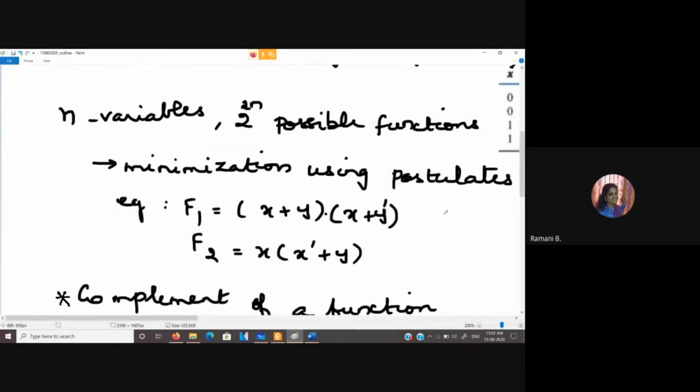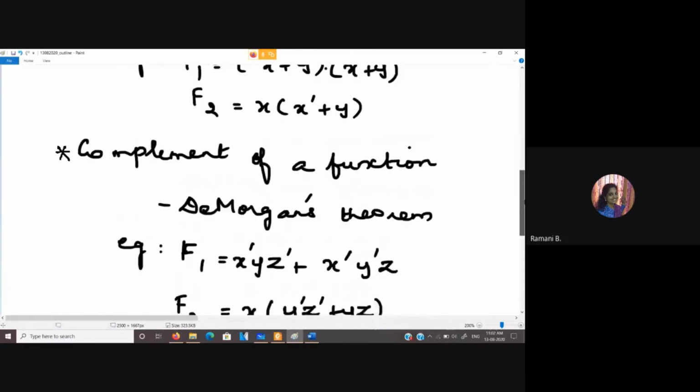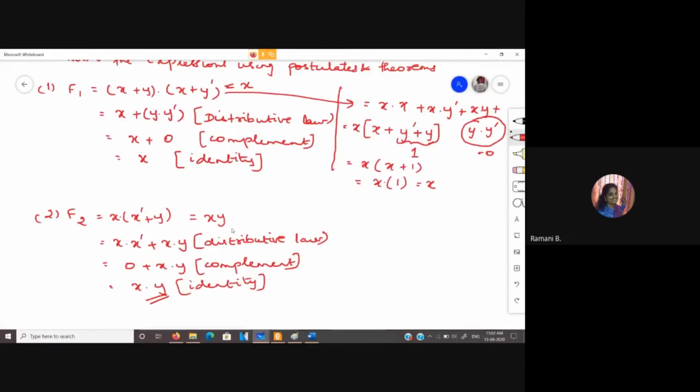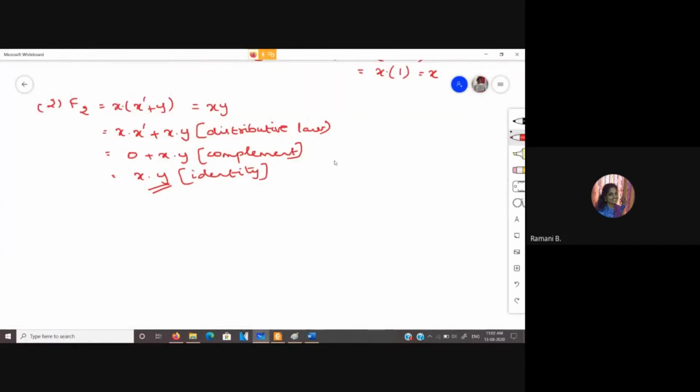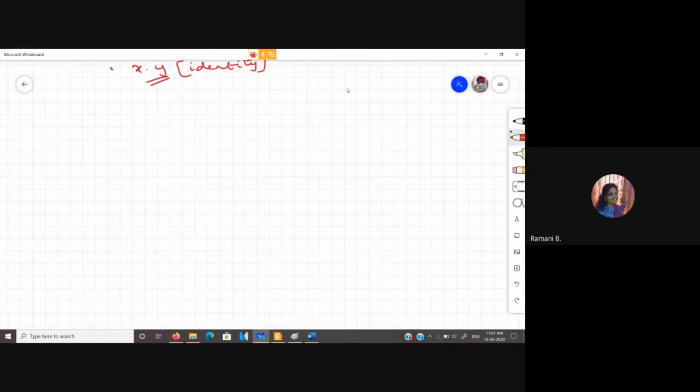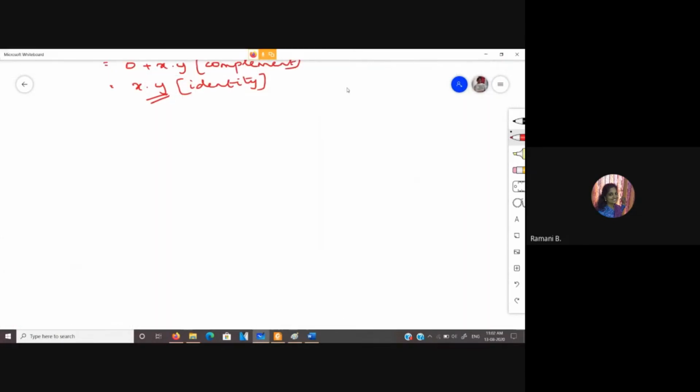Okay, so the next one we see is the complement of a function. So how to find complement of a function? We shall see that now. So for complement of a function, the main thing we use is the De Morgan's theorem.